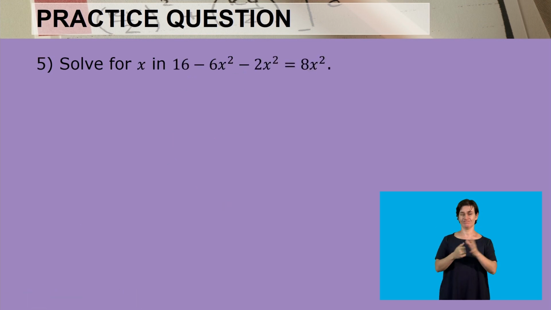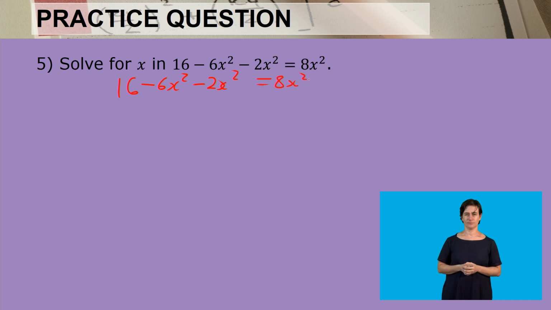The next question reads: solve for x in 16 minus 6x squared minus 2x squared equals 8x squared. Let's write that in a way that we understand it. It would be 16 minus 6x squared minus 2x squared equals 8x squared.